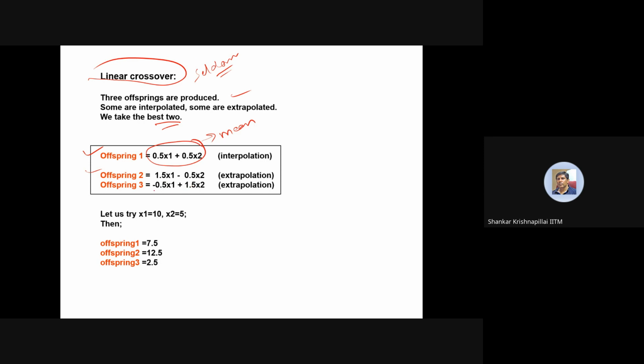That is extrapolation, and offspring 3 is similar. Suppose this is x1 and x2. One offspring is here, at 50% of the distance between x1 and x2. Another offspring will be 50% outside x2, and another will be 50% outside x1. So these three offsprings are there, out of which you pick two. An example is given here.